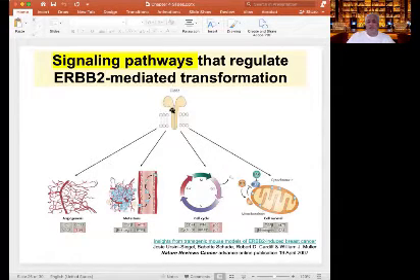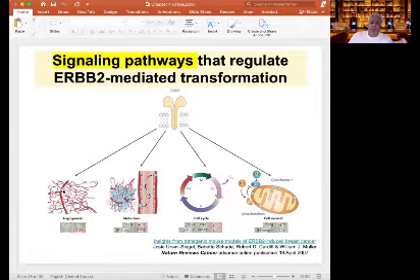What have we learned? Well, the important thing is that when a particular receptor like this one, the HER2, becomes non-normal, becomes abnormal, it can lead to a number of different pathways within the cell being simultaneously altered.